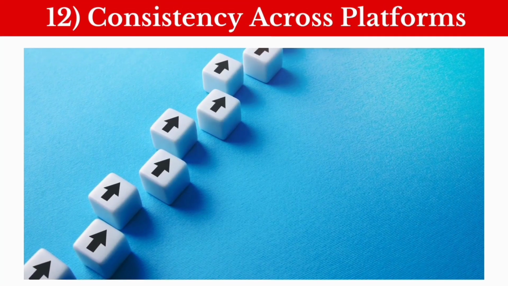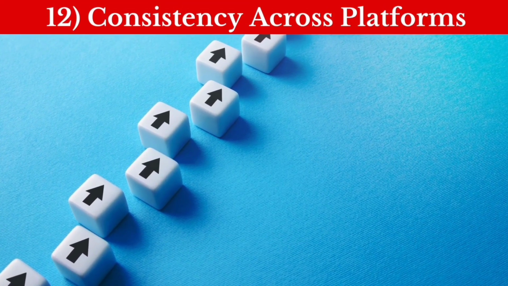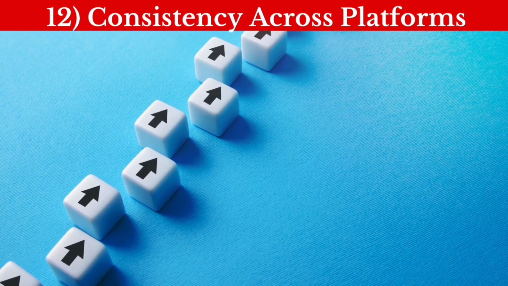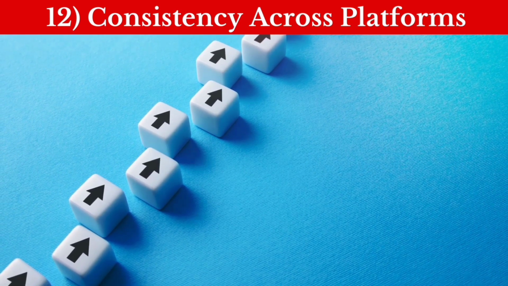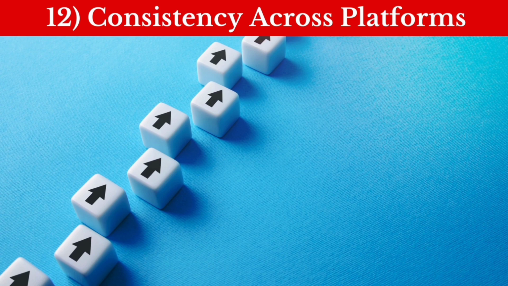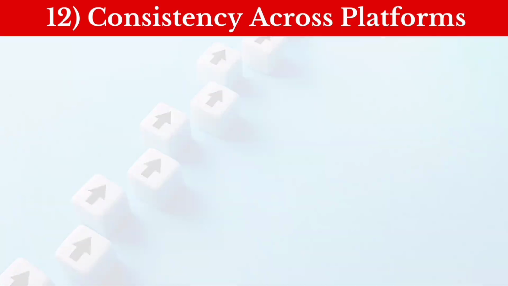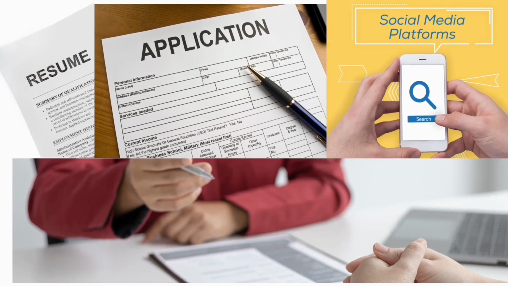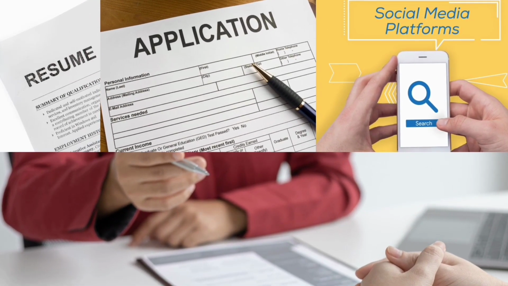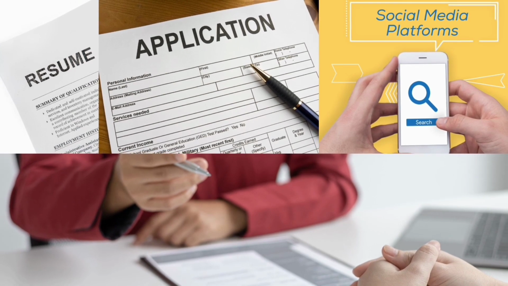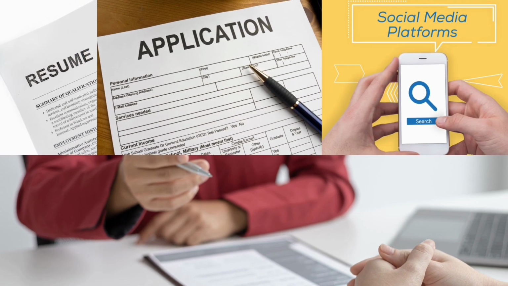Now next is consistency across platforms. This is important because it could be that you have updated your resume and cover letter, but you haven't updated your social media profile, or you have updated your resume but not your cover letter, or the other way around. The same information may not be there on different platforms like social media, resume, application, and in interviews.